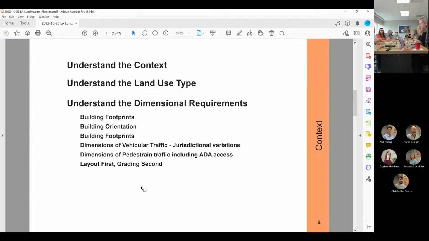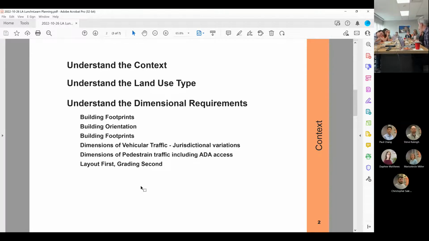I think one of the key things to know in each of those types of land uses is that the building footprint dimensions are very important to make sure you understand and have that information up front. Understand the building orientation. How do you want to face the front door of the building is a key early point. The dimensions of vehicular traffic are something to really understand, and that includes truck traffic and the turning radiuses for trucks, as well as cars, deliveries, those sorts of things.